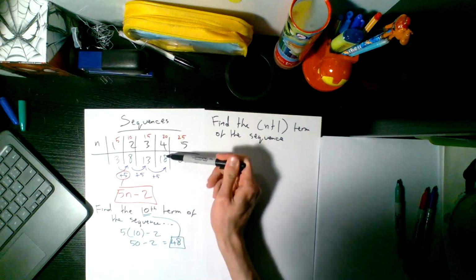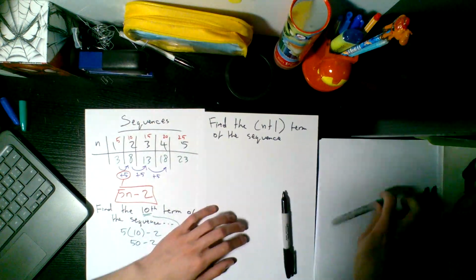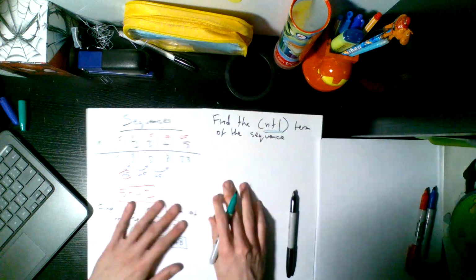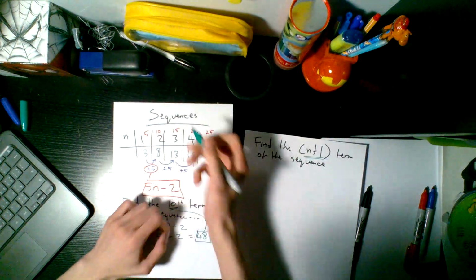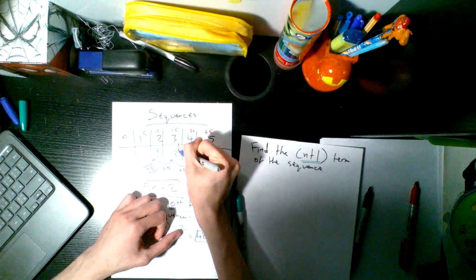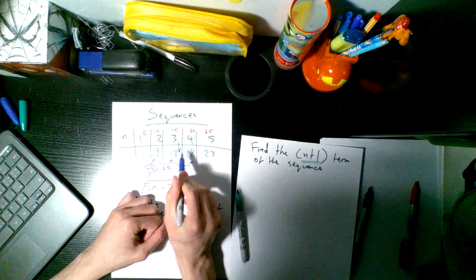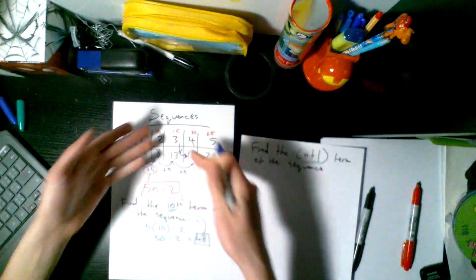How we get from the 4 to the 18. How do we get from the 3 to the 13. But how do we find the n plus 1? What is different this time? The difference this time is that instead of just going from the 3 to the 13, we have to go 3, 13, plus 1 space. Okay, how do we find n plus 1?